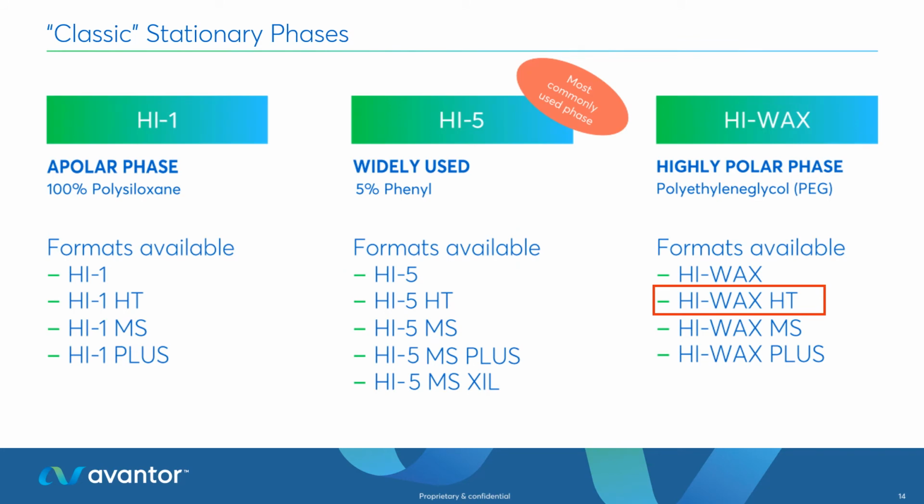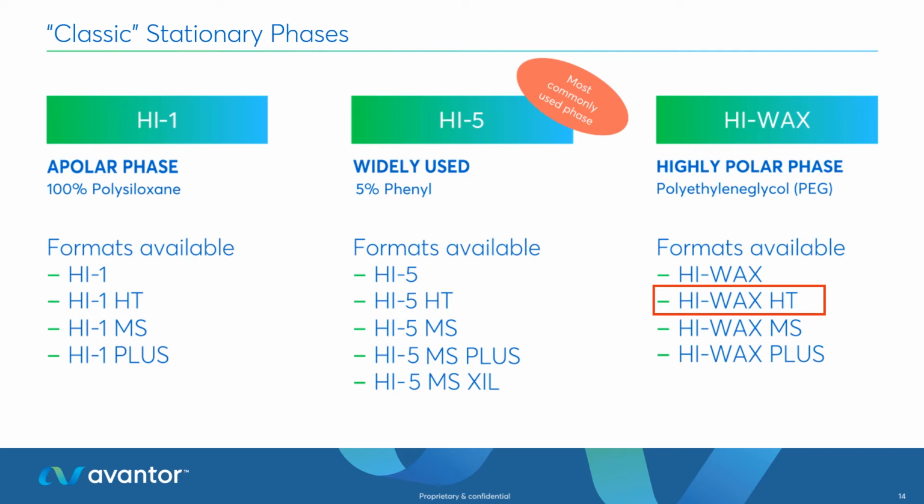In terms of what columns to use, the most widely used is the 5% phenol, as I've mentioned previously, and this comes in a variety of different formats, ranging from columns that are compatible with mass spectrometry to ones that have very low bleed and are therefore compatible with higher temperature analysis.